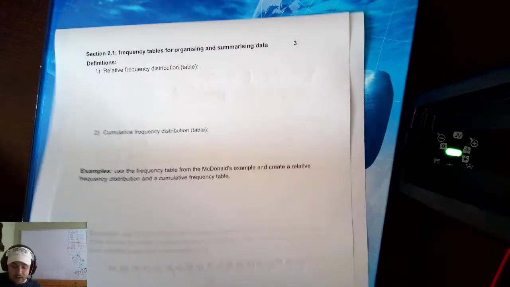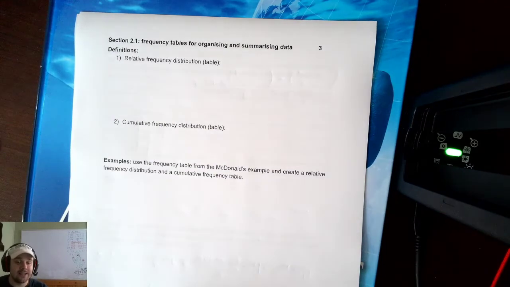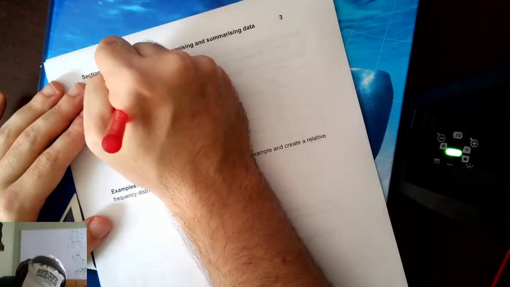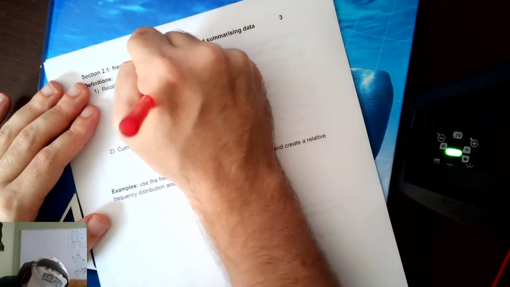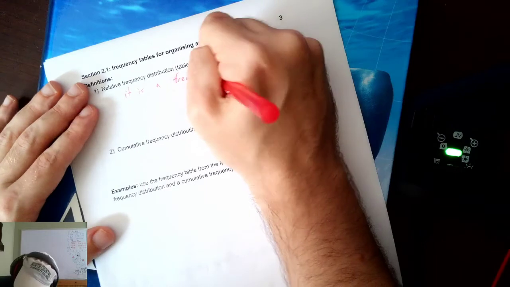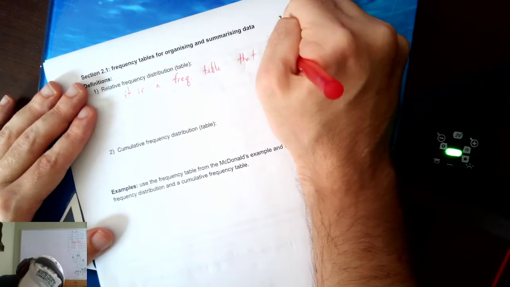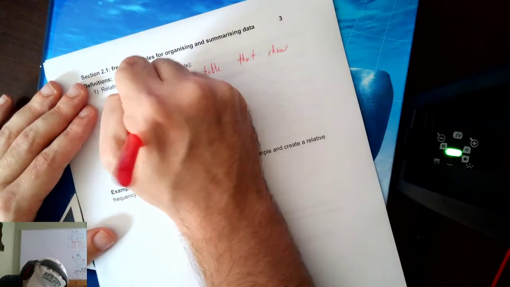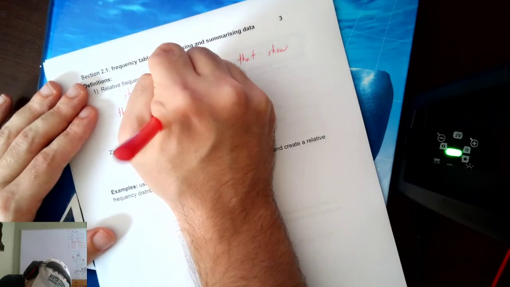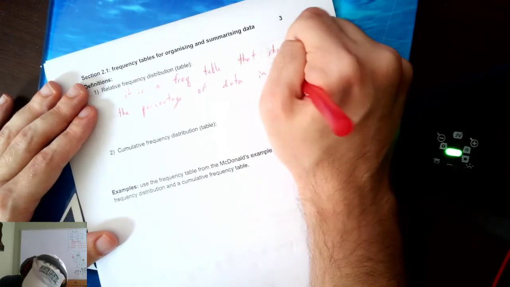Now, what about a relative frequency distribution? Well, a relative frequency distribution displays the relative frequency instead. So here, it is a frequency table that shows the percentage of data in each class.